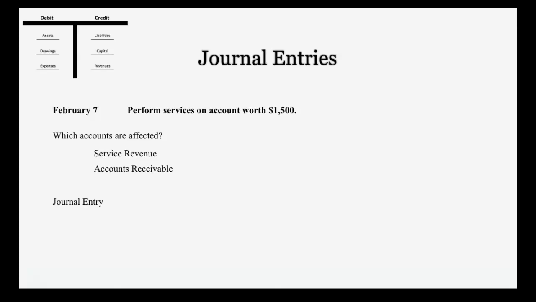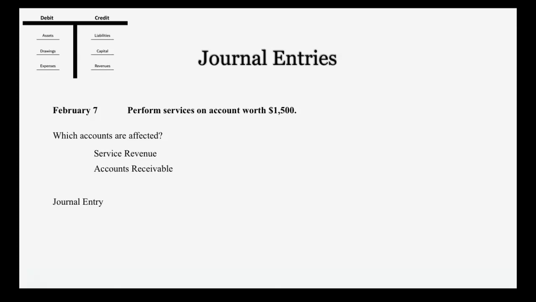Now we can think about our journal entry. Service revenue has to increase because we are performing more services. So we need to increase our revenues. And we see that revenues increase with a credit. So that will be listed after our debited account in this entry. Remember, your debits always go first in your journal entries.